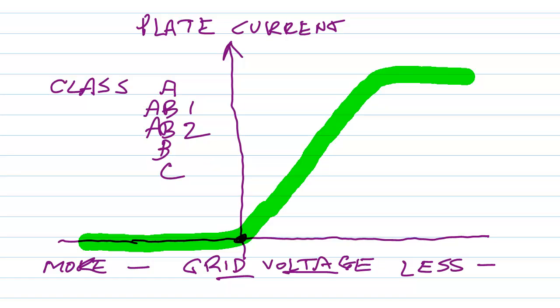What you're looking at is a hypothetical generic graph of the plate current versus the grid voltage in a vacuum tube. More negative grid voltage is to the left, more positive grid voltage or grid bias is to the right. This is under no signal conditions.